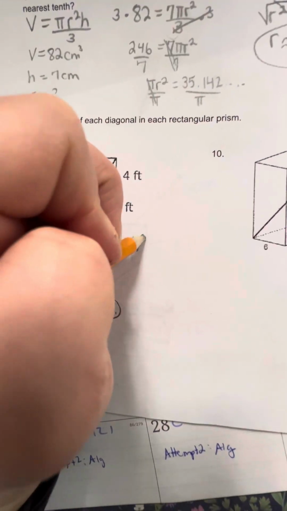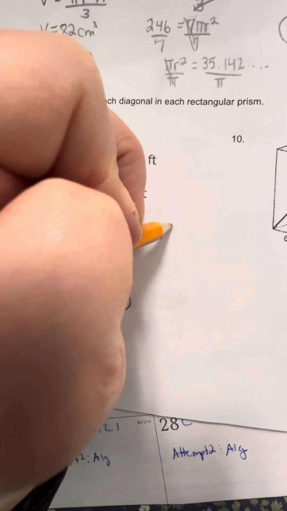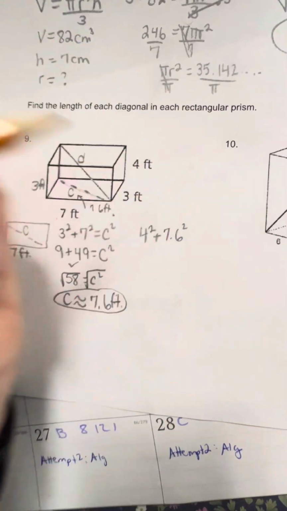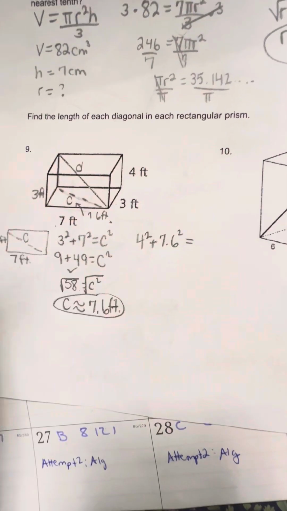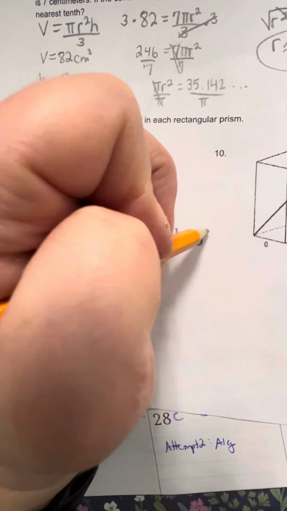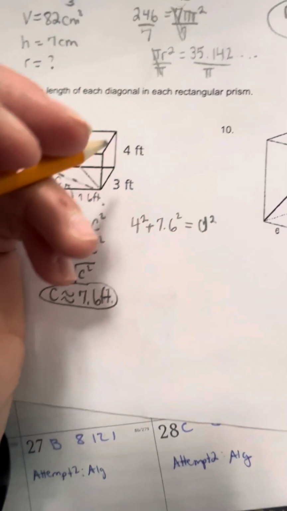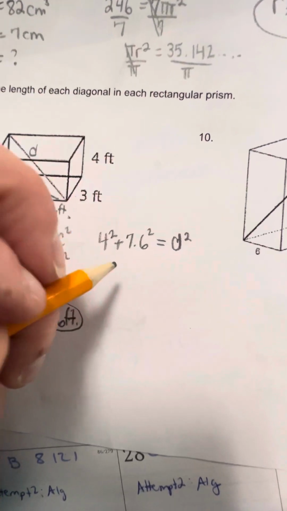So 4 squared, which was the height, we're going to take that new diagonal that we just solved as our second leg, 7.6 squared. Again, that's approximately. And then we're going to do D squared. 4 squared, 4 times 4 is going to give me 16.